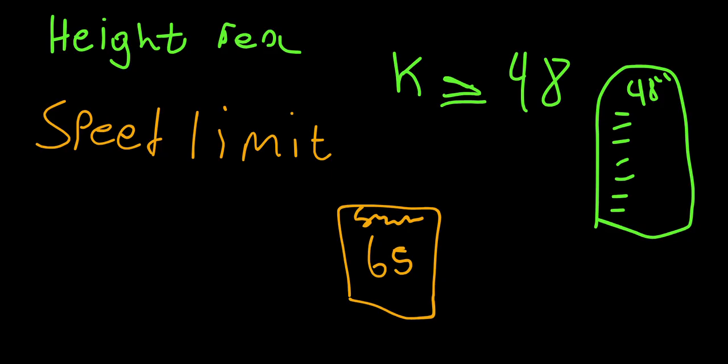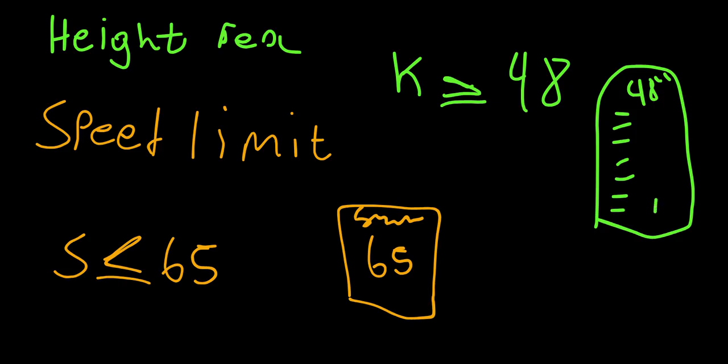Well, this is telling you that your speed, represented with S, must be less than or equal to 65, or you might get a ticket. Okay? And these types of situations pop up all the time.